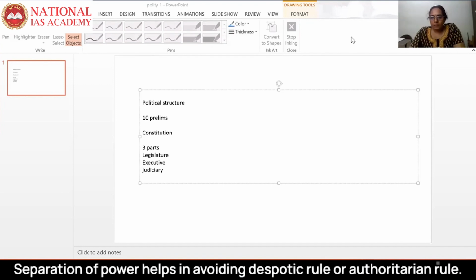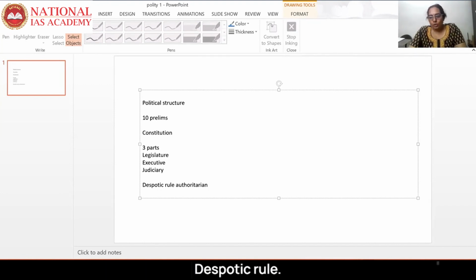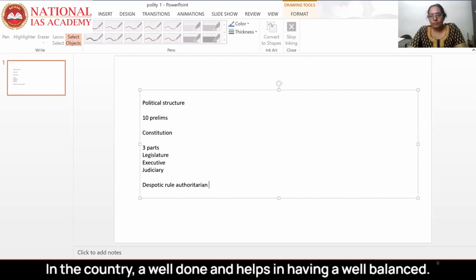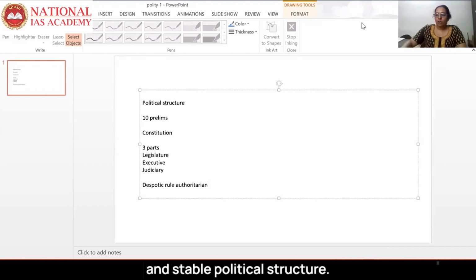Separation of power helps in avoiding despotic rule, DESPOTIC, it is on the screen, or authoritarian rule in the country. It helps in having a well-balanced and stable political structure.